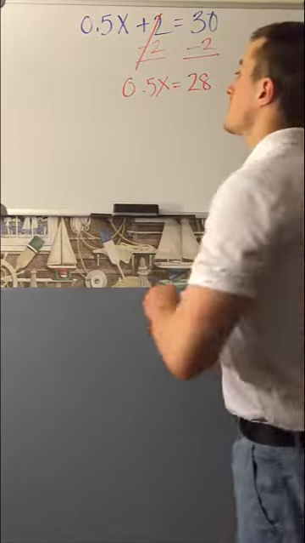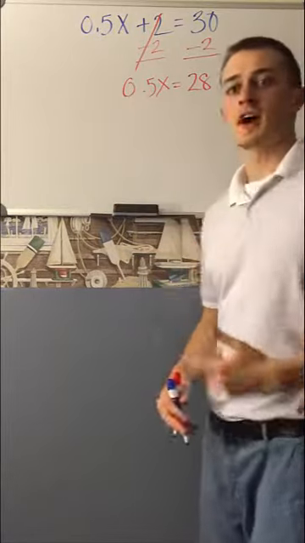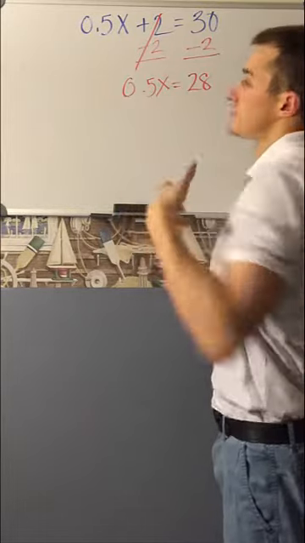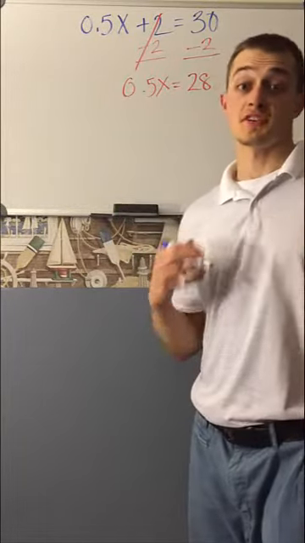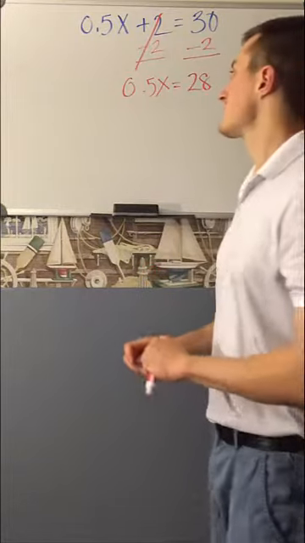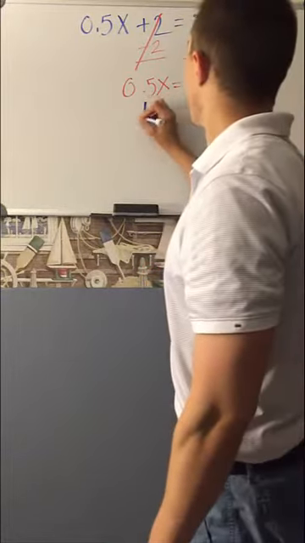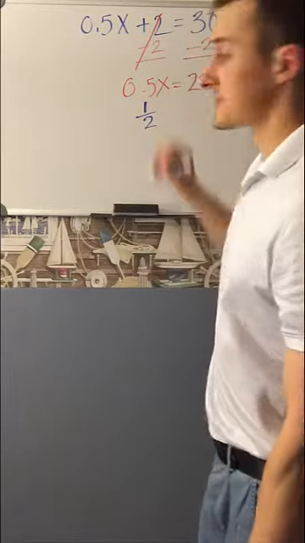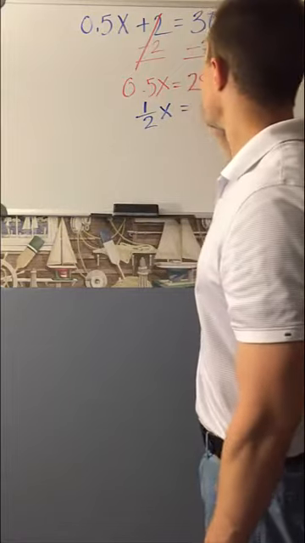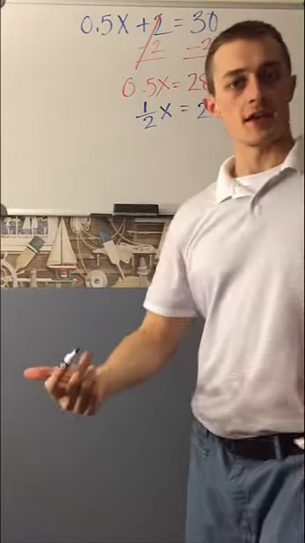Okay, and now 0.5 is a half. And it's kind of hard to visualize what we need to do maybe if we leave it in a decimal form. So what I'm going to do is I'm going to rewrite this. And I'm going to say 1/2, because 1/2 is the same thing as 0.5, x equals 28.